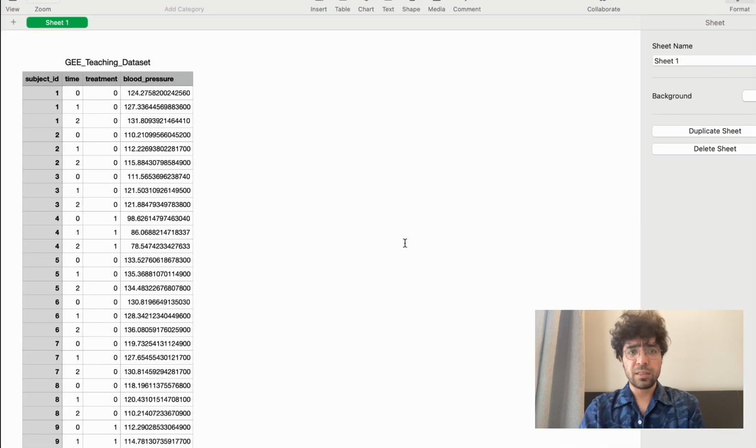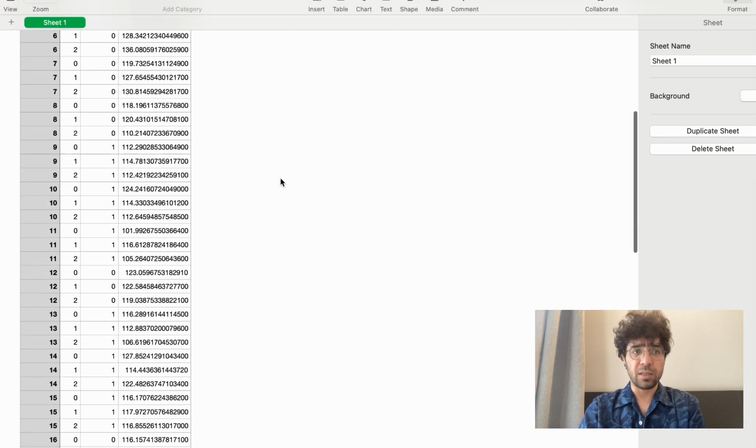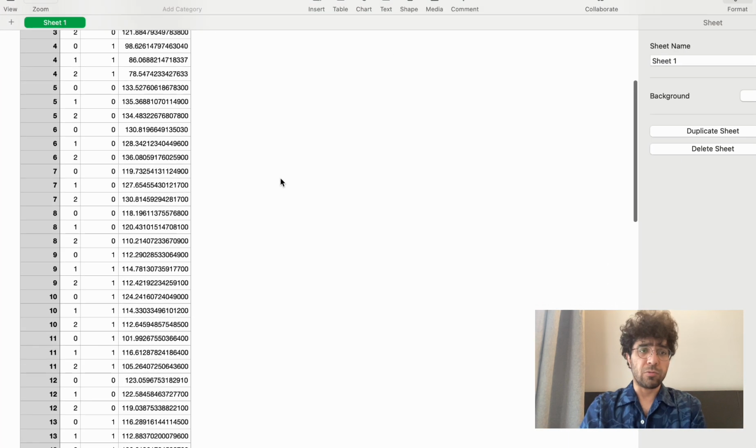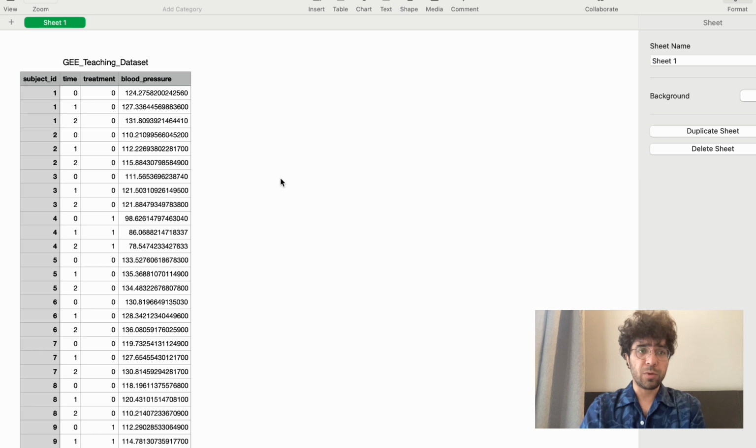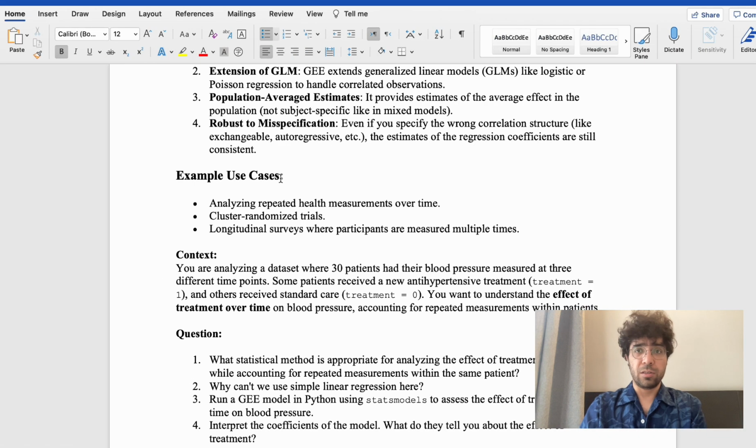This is the example that I want to run the GEE model on. If you understand this, you can actually run it on your data. Here we can analyze repeated health measurements over time, cluster randomized trials, randomized trials, and longitudinal surveys where participants are measured multiple times.